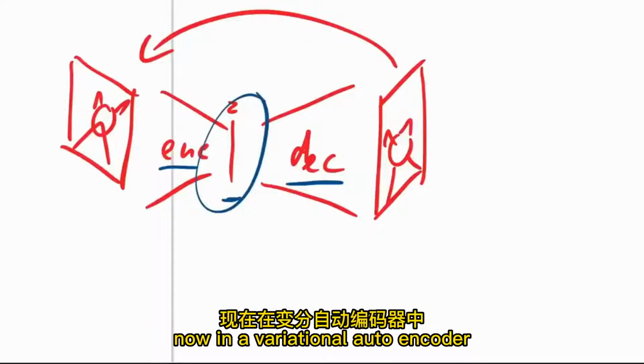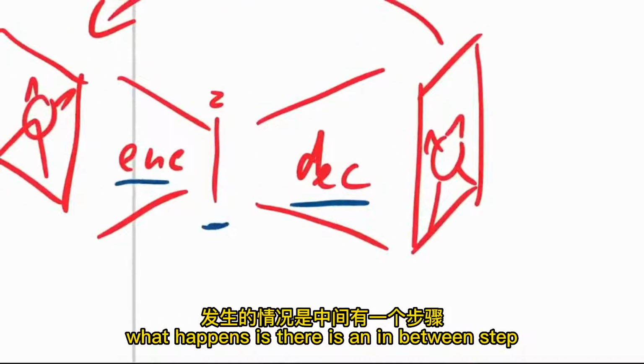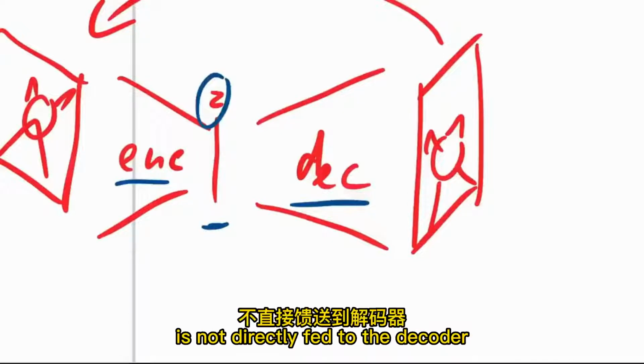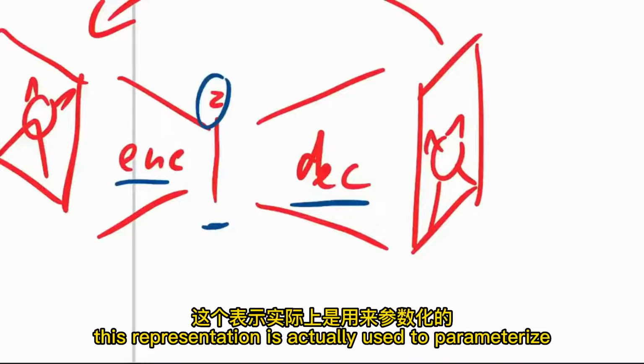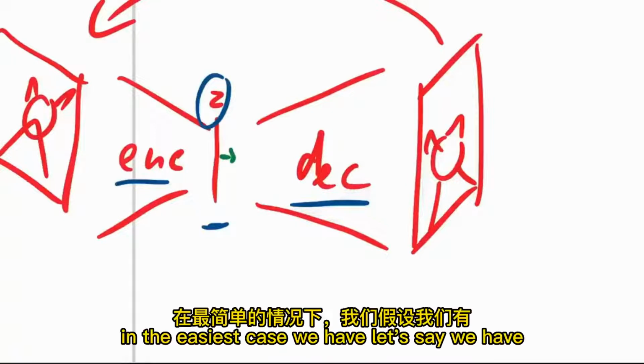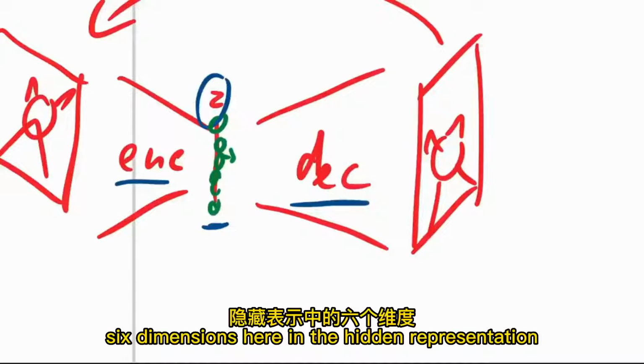Now in a variational autoencoder, there is an in-between step, namely this Z representation is not directly fed to the decoder, but is actually used to parameterize Gaussians. In the easiest case, let's say we have 6 dimensions in the hidden representation.